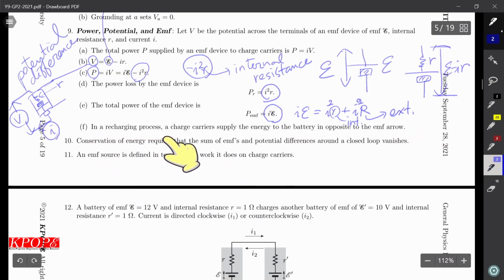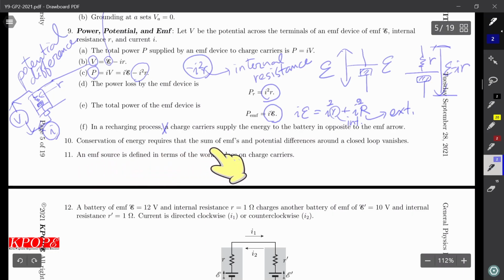In a charging process, the charge carriers supply the energy to the battery, opposite to the EMF arrow.